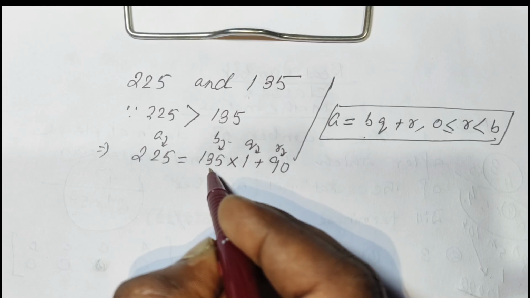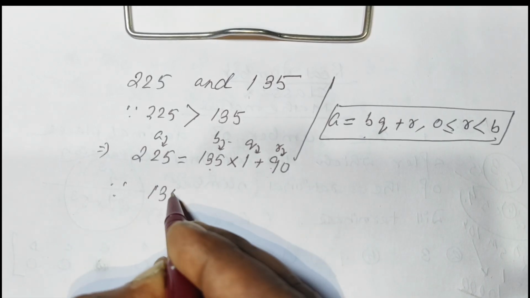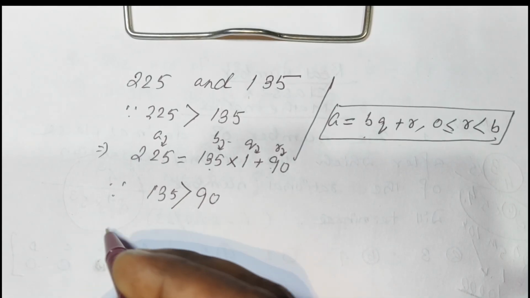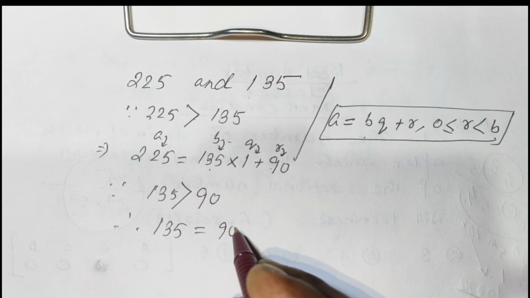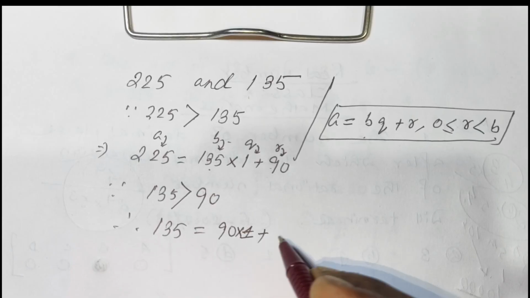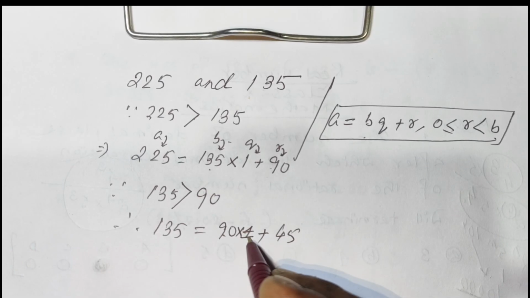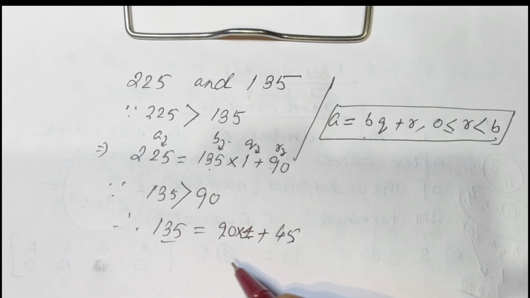Again, we need to compare b and r. Since the value of b is greater than r, it means 135 is greater than 90. So therefore, 135 equal to 90 into 1 plus 45. 90 into 1 is 90 plus 45 equal to 135. Yes or no?